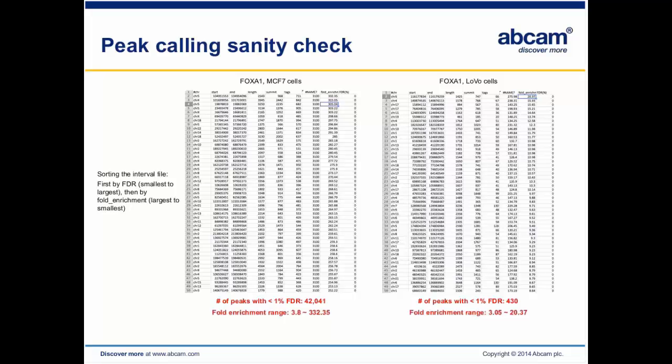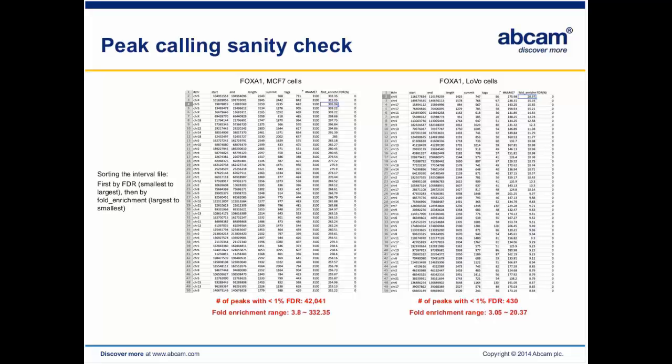The second thing we could look at is the range of the fold enrichment over local background. The FOXA1 MCF7 data have a wide range from more than 300-fold to about 4-fold, while the largest FOXA1 novo peak has only around 20-fold enrichment, indicating the signal-to-noise ratio in this data is really low.